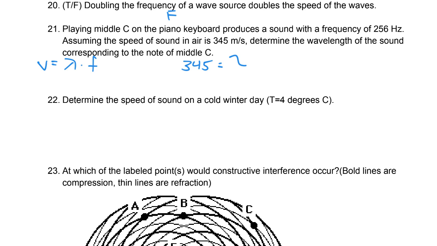We don't know the wavelength, but we know the frequency is 256. We'll just divide both sides by 256. So 345 divided by 256 gives us a wavelength of 1.35. And because the speed was in meters per second, the wavelength is in meters.